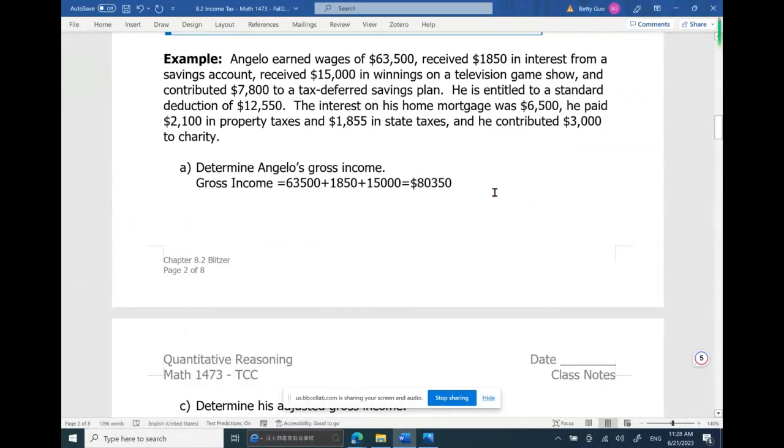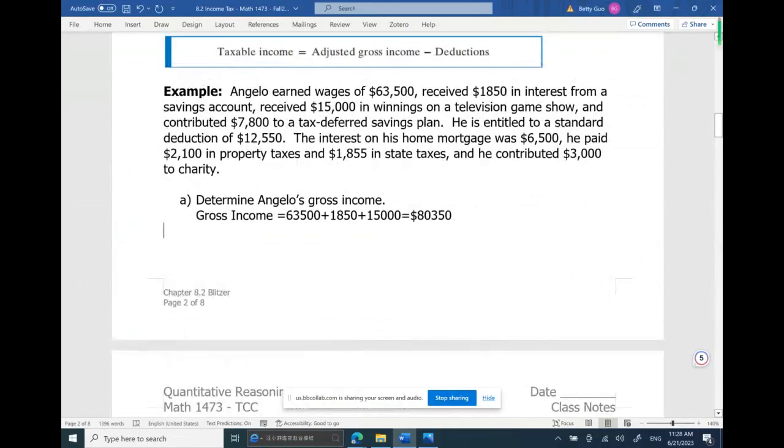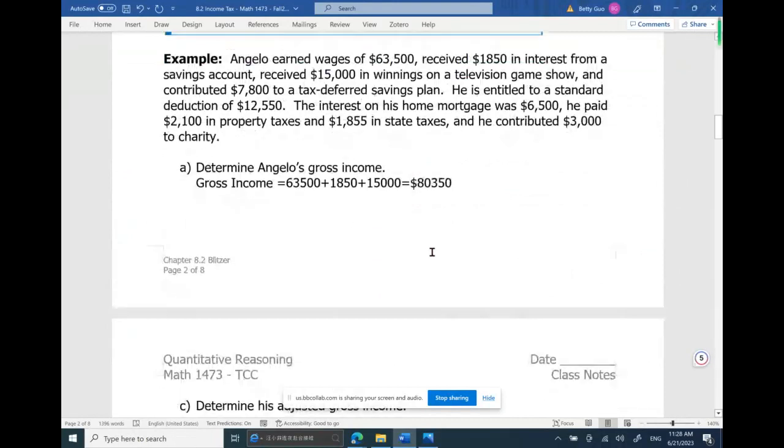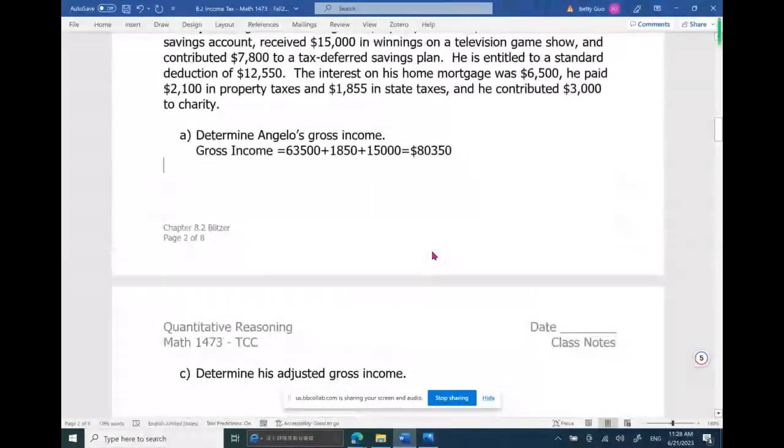So that's gross income. Gross here doesn't mean disgusting, it means total, all the money, total money. Okay, that's part A.